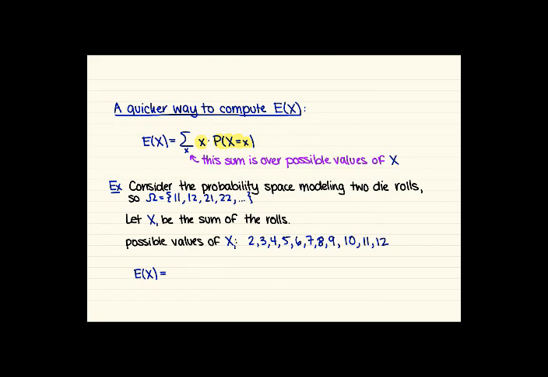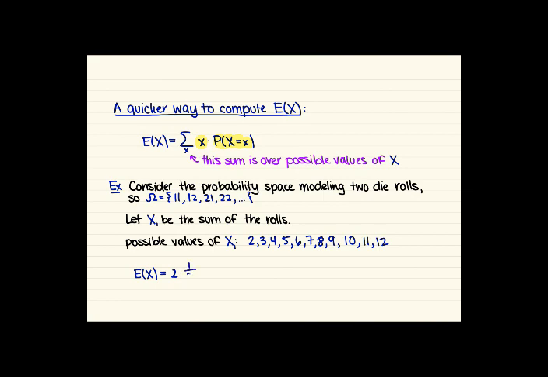So for each of these, we're going to do that value times the probability that that value happens. For the value 2, we've got 2 times the probability that we get 2. So we've got to think through what the probability is that that value happens. The only way that can happen is if they're both 1.